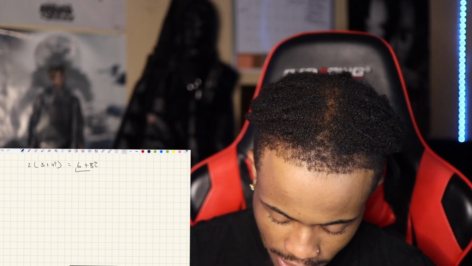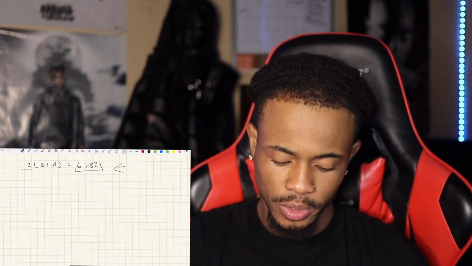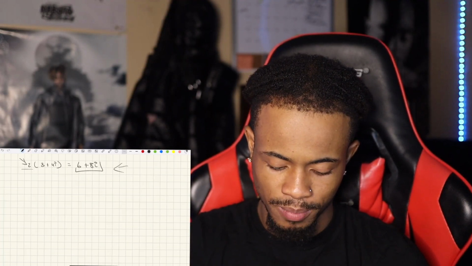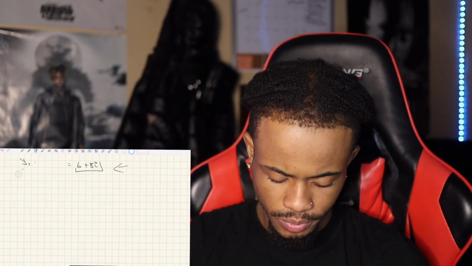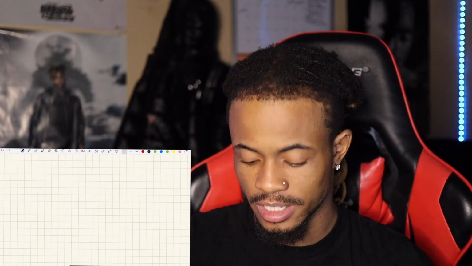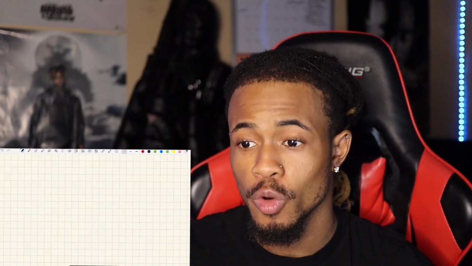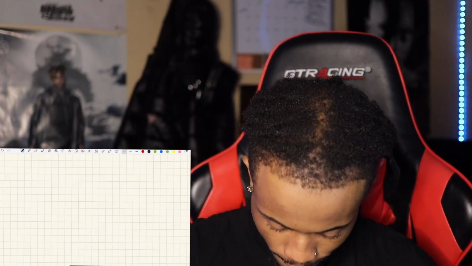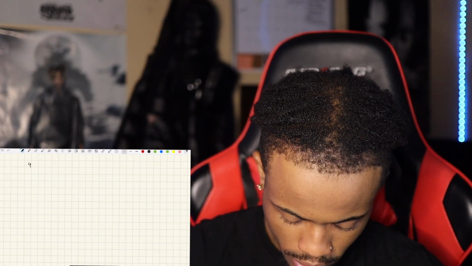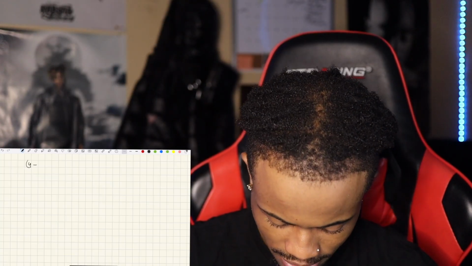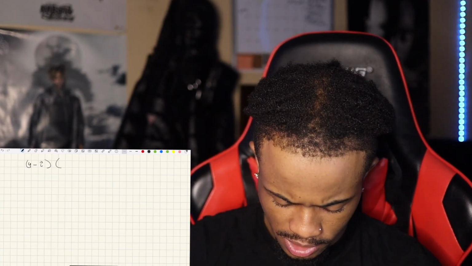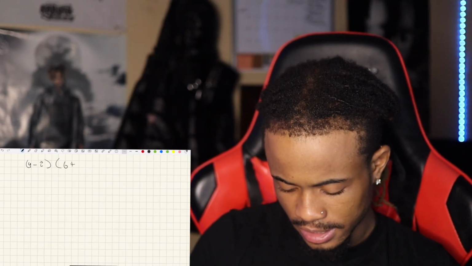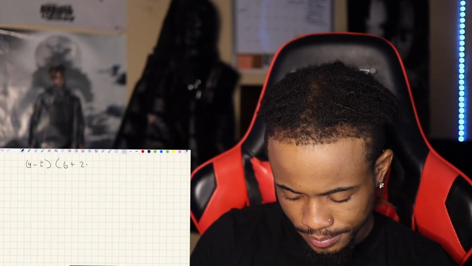This will be our final answer. You see right here, we only have one term being multiplied by a factor, so it's not two factors. Now let's say we have two factors. In this situation, we will have to use the FOIL method. Let's say we have (4 - i) times (6 + 2i).